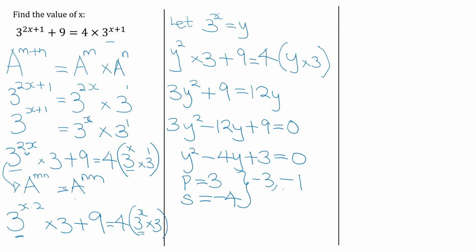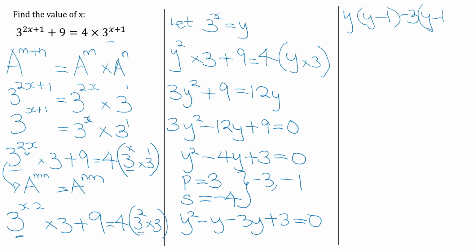Applying these two numbers in here, you have y squared minus y minus 3y plus 3 is equal to 0. Factoring out y, you'll have y into brackets y minus 1, close the bracket, minus 3 into brackets y minus 1, close the bracket, is equal to 0.